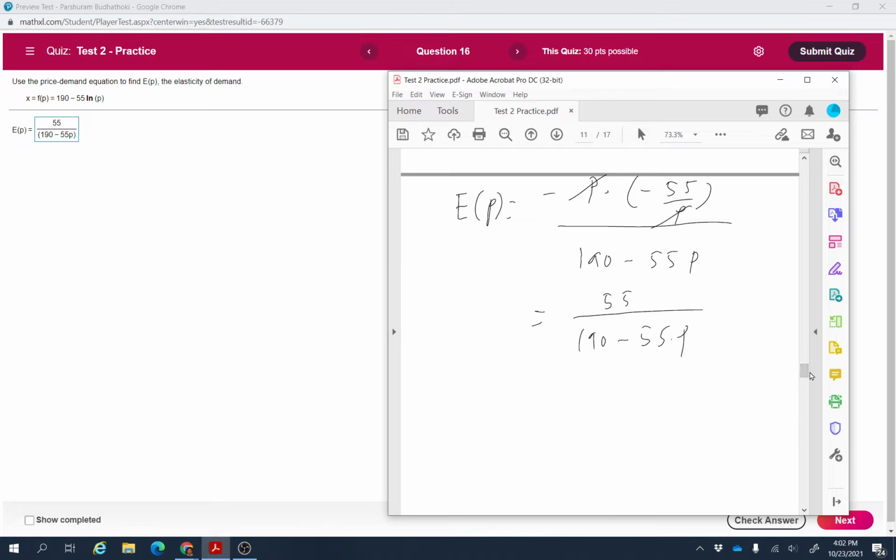Okay, so simplified is, there is a 5, you can write it down, 5 times 11. On the bottom part you can factor out 5, which is 38 minus 11p, and we can cancel this 5 and 5, and answer would be 11 over 38 minus 11p.